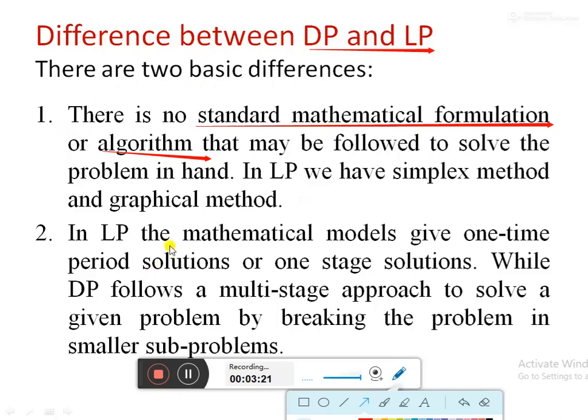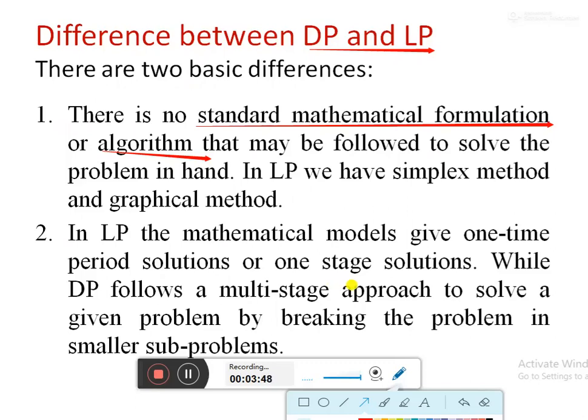The second basic difference is that in linear programming, the mathematical models, that is the simplex method or graphical method, give one time period solutions or one stage solutions, while in real life there can be situations or problems in which we need to take decisions at several stages.